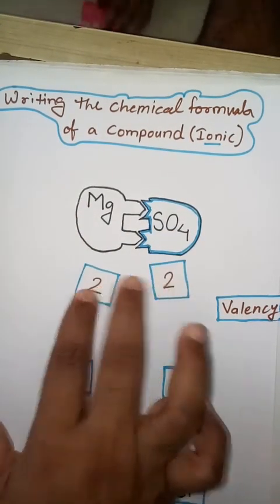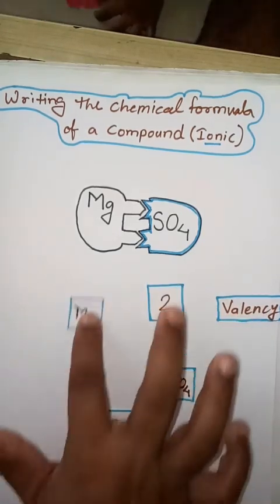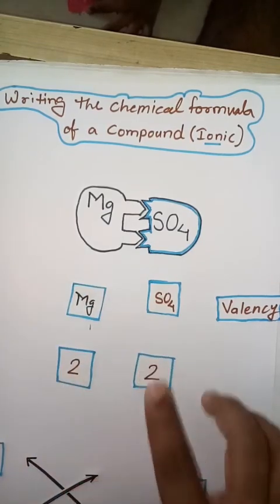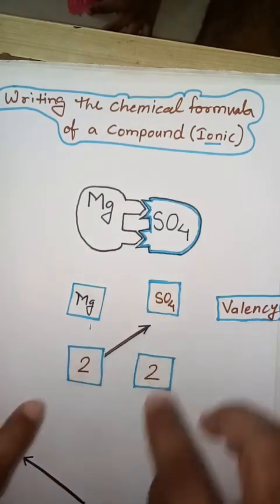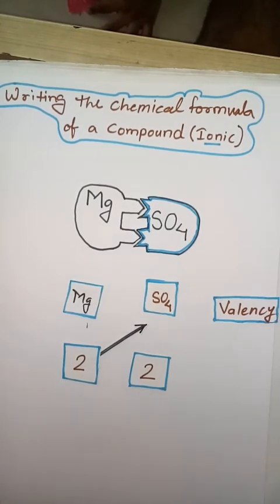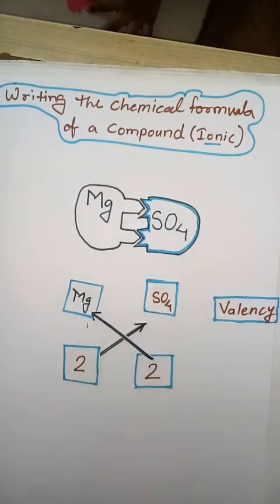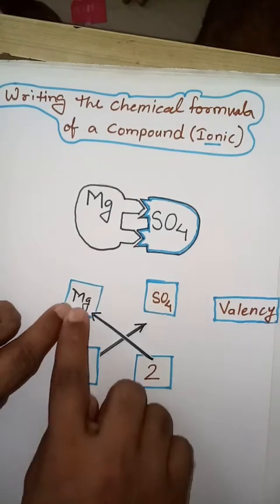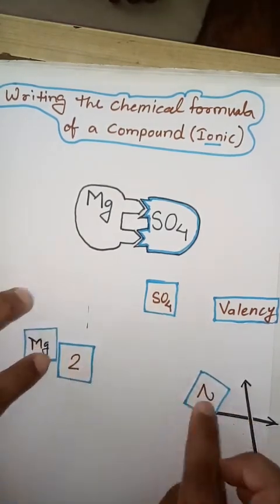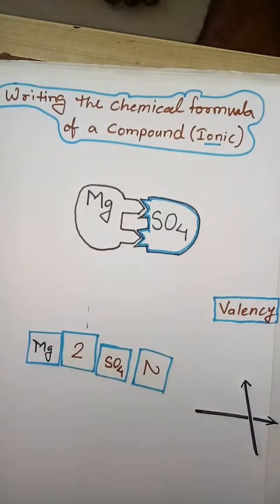Now with 2 and 2 valencies here, suppose you have magnesium and sulfate, each with valency 2, and you crisscross them. You get 2 and 2, and it becomes something like Mg2(SO4)2, but we cannot write it like that.